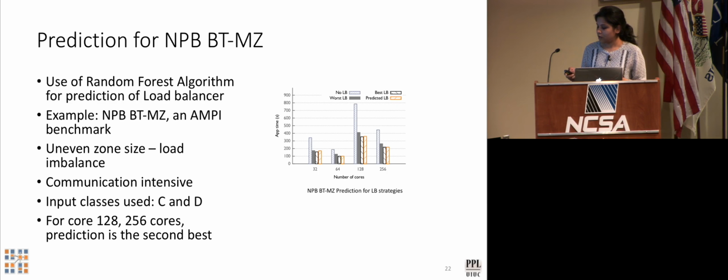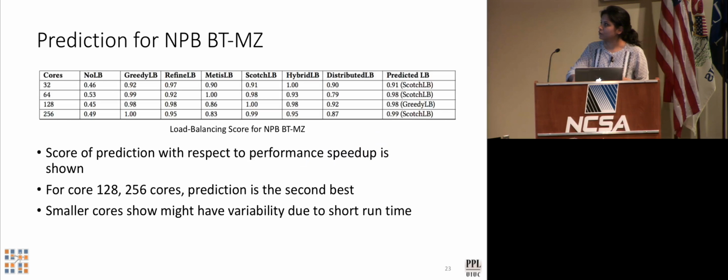We also ran NPB BTMZ, wherein I will move on to the scores. The scores here are the speedup that the predicted LB has with respect to the best LB.